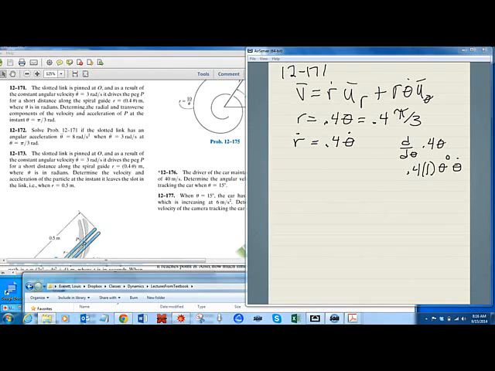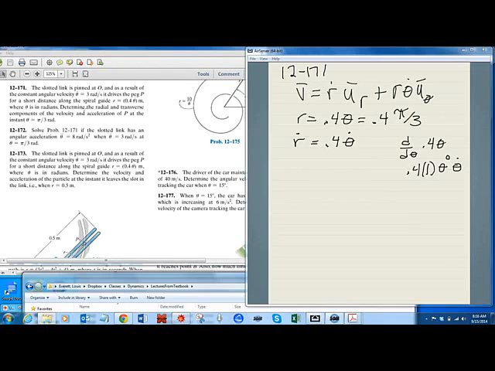I don't mean to confuse you. All I'm saying is the chain rule's always been there. You've been doing it. You just maybe didn't know it. Okay? But anyway, that's the derivative right there. Can I figure out what that is? Can you give me a number? Yeah, so they told me theta dot was 3. Is that right? Yes.